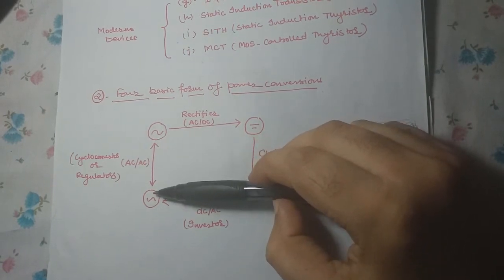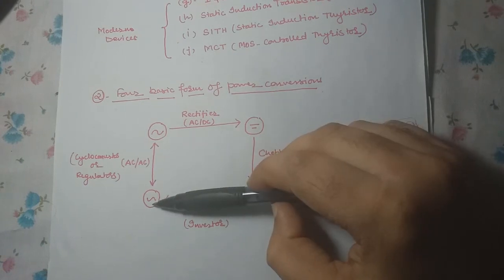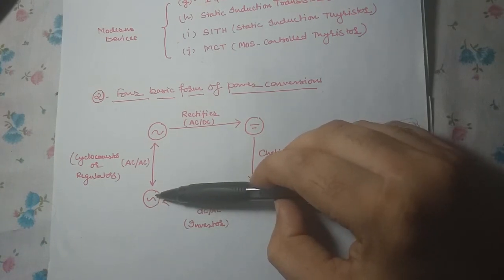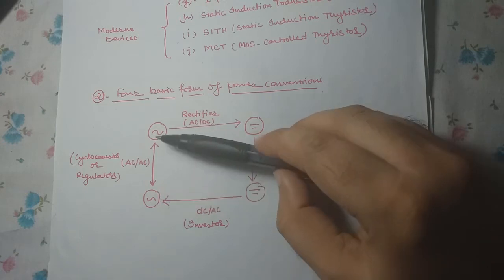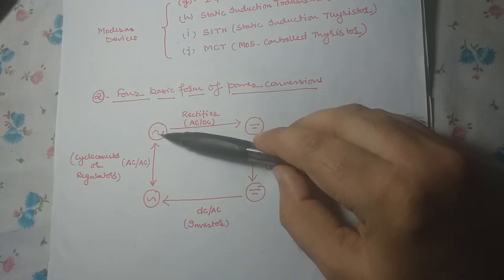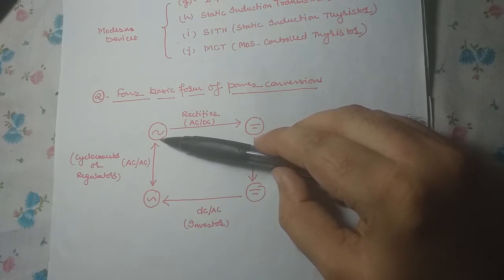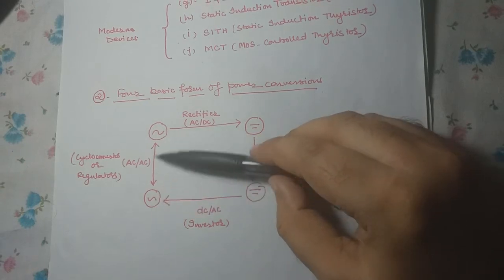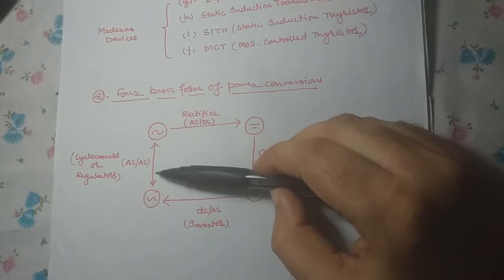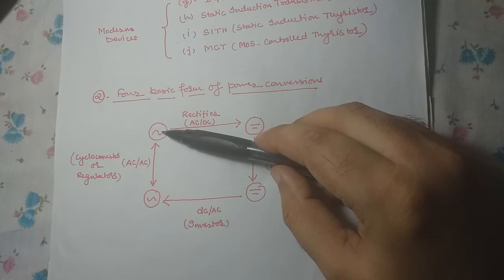One, if the frequency is being changed, say this source has 50 hertz and it is being changed to 60 hertz, then the device which is converting it is often called a cycloconverter. And in most of the cases, if the frequency is being changed in AC to AC conversion, it will be called a cycloconverter.